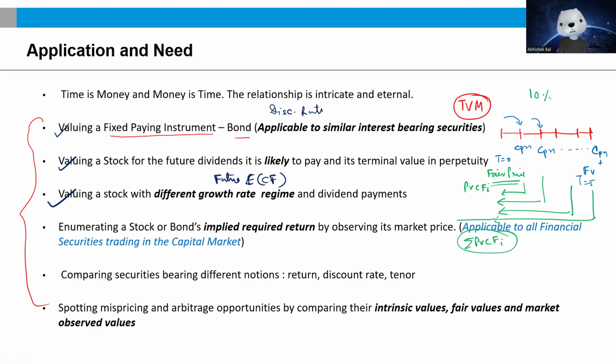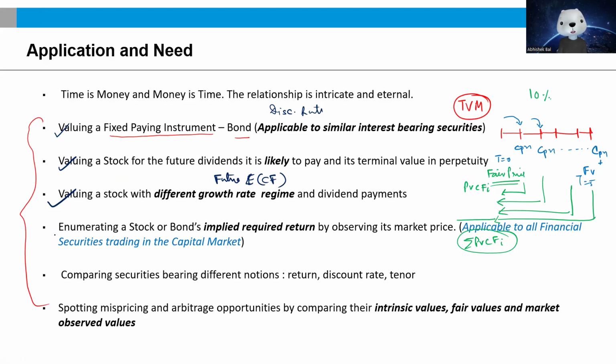Because in the capital market there is no such thing as an absolutely right or absolutely wrong value. It's all an estimate, and your estimate might be completely different from what I would be estimating about a given security.